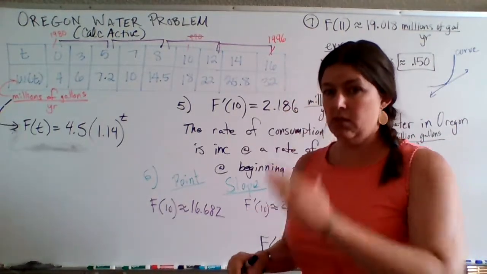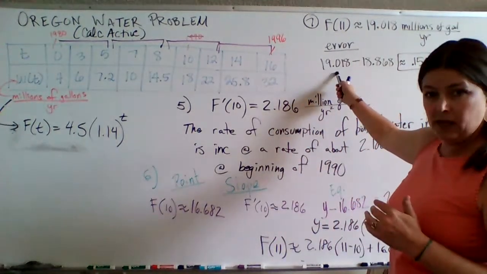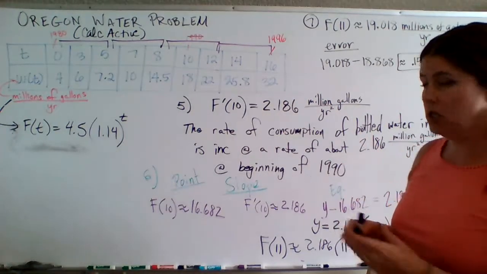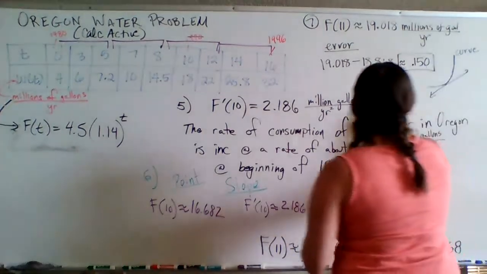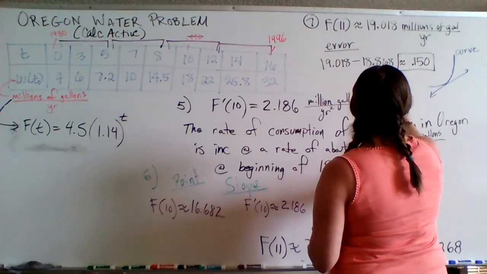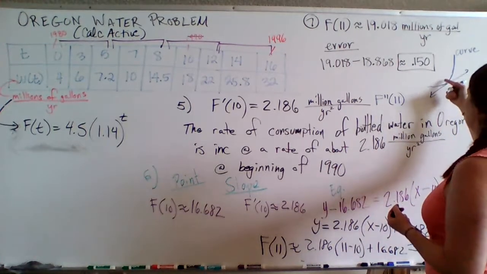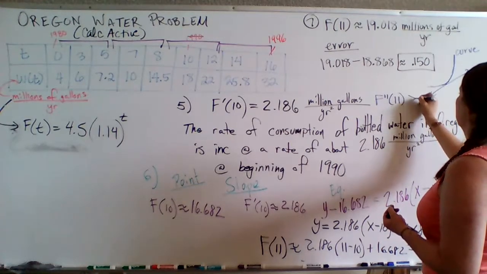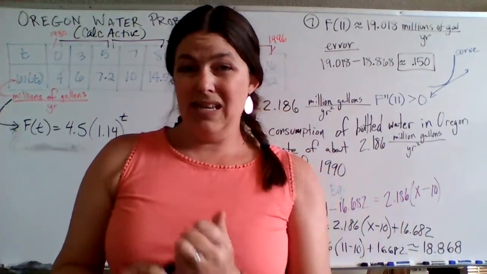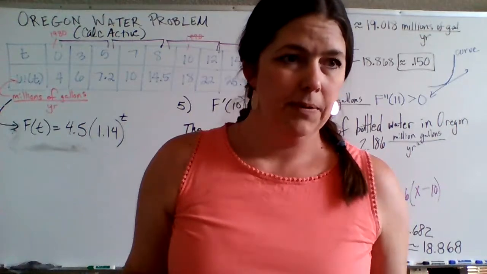The tangent line is an underestimate of what is actually happening. The actual value of f of 11 is bigger than the tangent line approximation. So we know our tangent line is below the curve, so f double prime of 11 must have been positive. If we are concave up, wouldn't this have to be a positive second derivative? So in that interval where 11 is, the original curve would have been concave up, right?